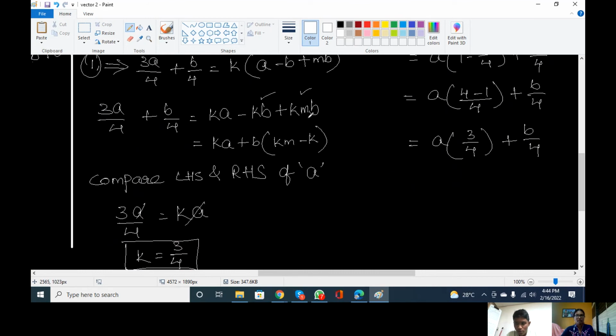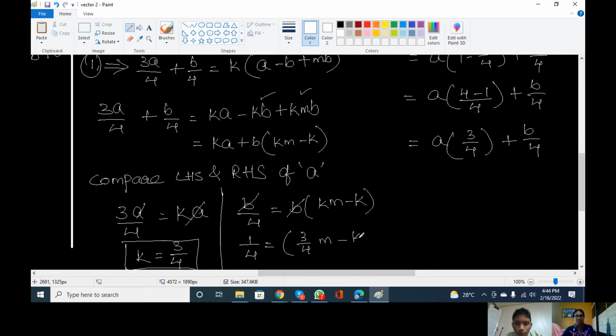How can we compare these two now, both b's. So b by 4 is equal to b times km minus k, right? So b and b get cancelled. So 1 by 4 is equal to km minus k. You can substitute here 3 by 4 m minus k.